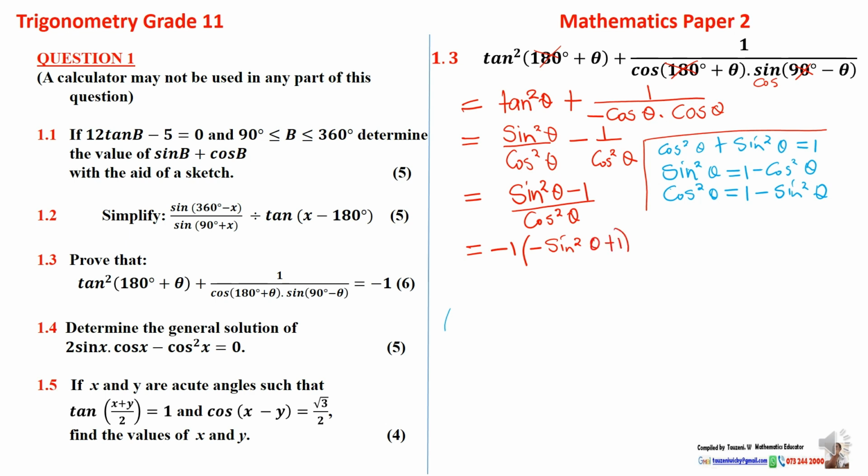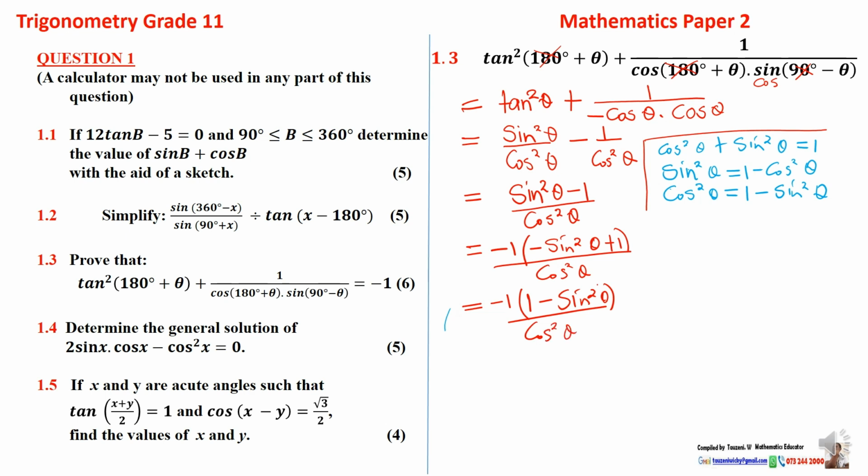This is divided by cos squared theta. Then to carry on from there, minus 1. If I rewrite this expression starting with a positive, then it will be 1 minus sine squared theta. So 1 minus sine squared theta divided by cos squared theta.